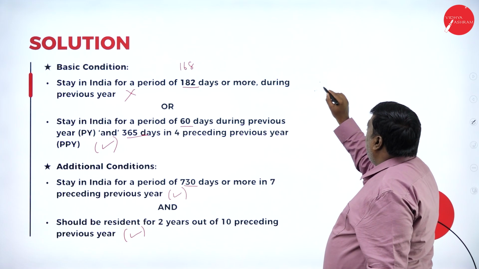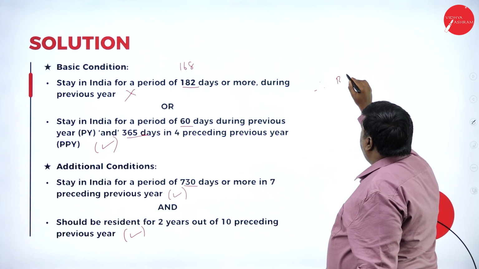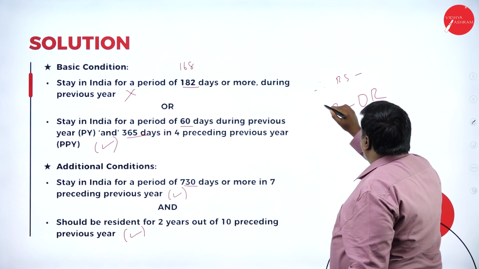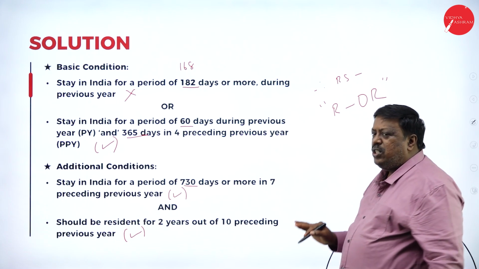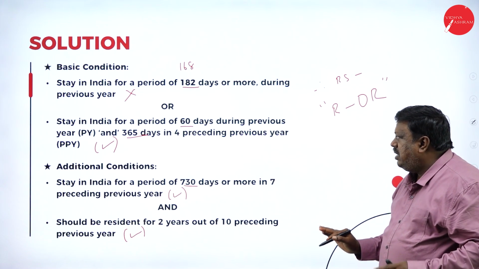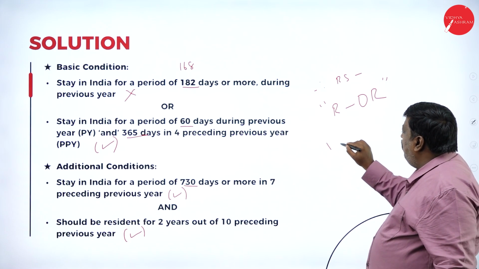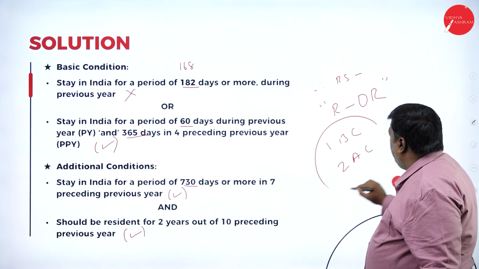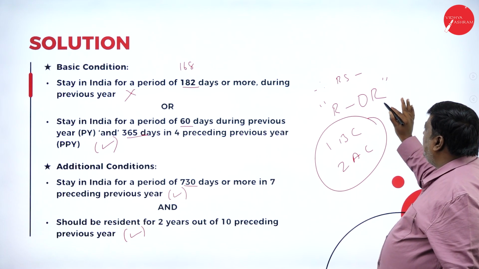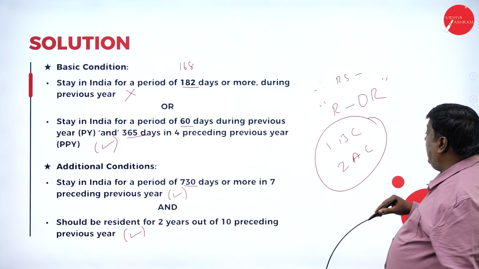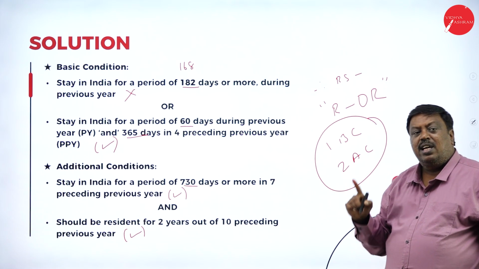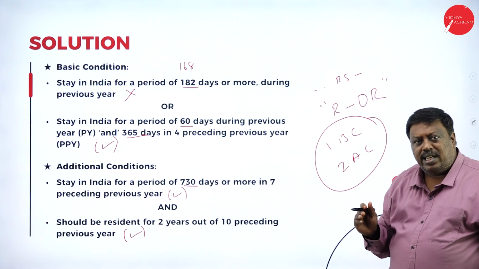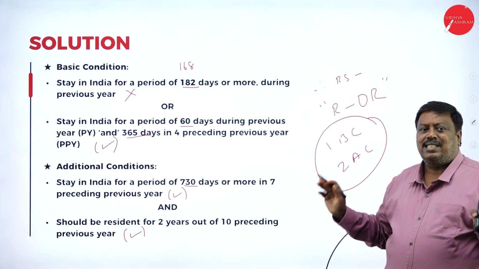Therefore, my residential status will be resident, ordinarily resident. Ordinarily resident means when I satisfy one basic condition and two additional conditions, automatically my status will be resident, ordinarily resident. If I satisfy one basic condition and one additional condition, automatically my status will be resident, not ordinarily resident.